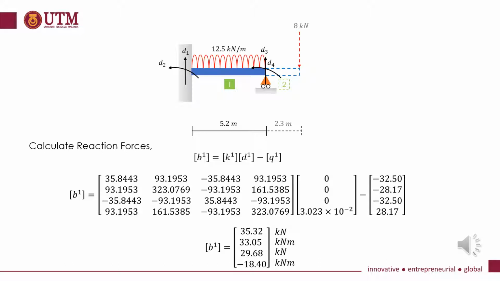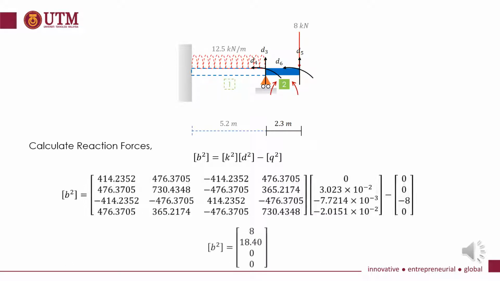So, for the first element, the boundary is from D1 to D4. For the second element, the formula to get the reaction force is the same, but the boundary is from D3 to D6.